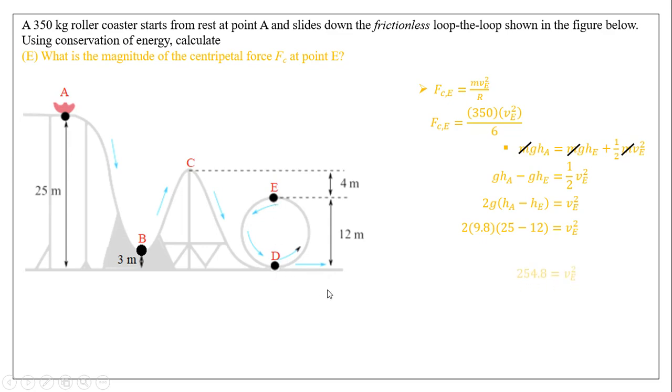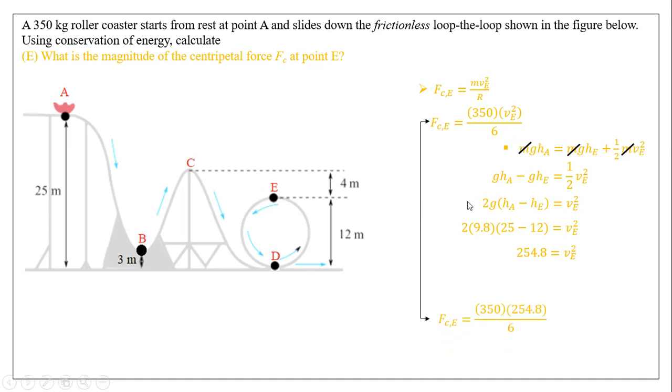Other than that, you can simplify this on your calculator. If you take 2 times 9.8 times 13, since 25 minus 12 is 13, you'll get about 254.8, and that is VE squared. I will not square root it here because I need VE squared. You can square root it and then square it again, it's up to you. But I'm just going to carry my work down.